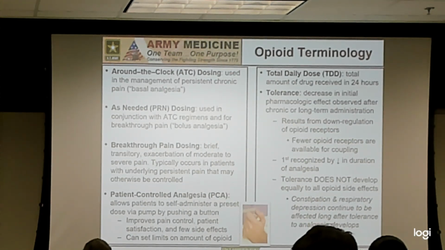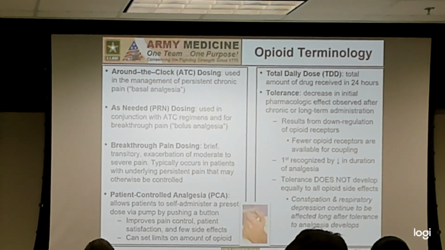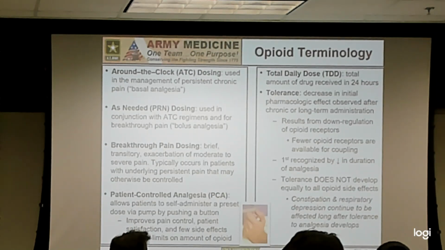If they have been on it and you had them stable and they were smooth sailing, and then all of a sudden now they're needing to increase their dose, that's tolerance. Okay, so if they were taking it every 8 hours and now I see that they need it every 6 hours, or now I see that I'm increasing how much IR or PRN medication I'm giving them, maybe I need to go back and increase my basal dose because they're developing tolerance to it.